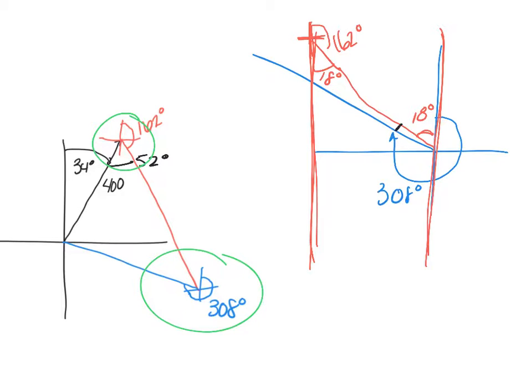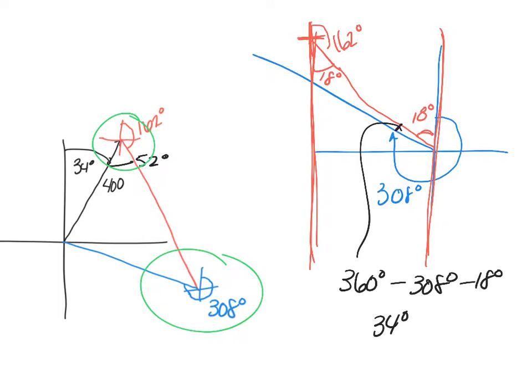So what you do, 360 minus 308 minus 18? Yes. So to find this angle right here, I'm going to do 360 minus 308 minus 18 degrees. 34 degrees. All right. So we know that this angle is 34 degrees, not drawn to scale still.